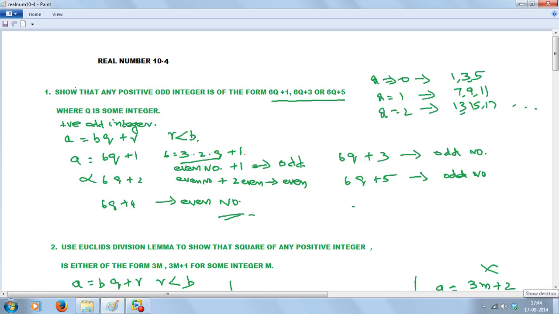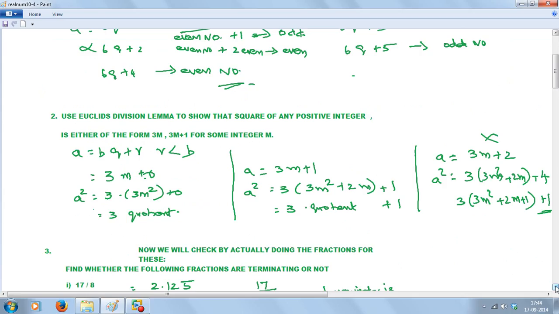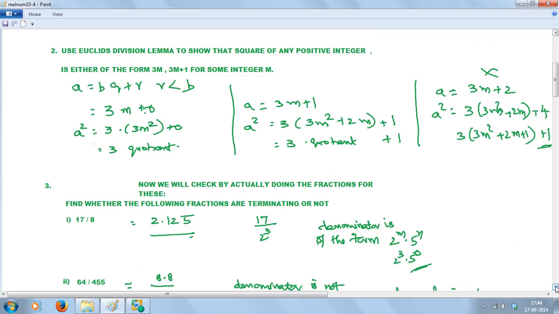So now we know how the numericals develop as per Euclid's formula, how it unfolds. And whether fractions are terminating or not will be very useful in many scientific problems.